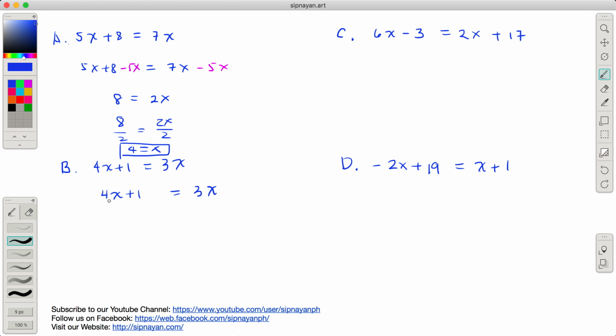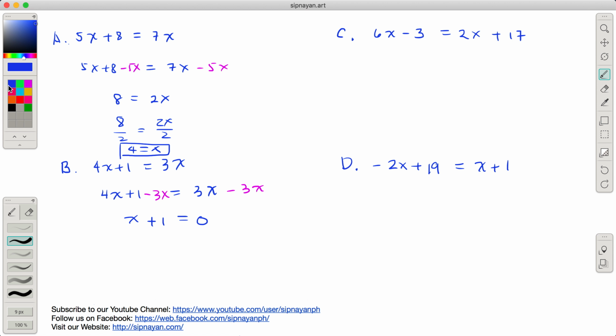So, para matanggal yung 3x dito, mag-minus tayo ng 3x dito. Kasi gusto natin yung 3x na sa kaliwa. So, mag-minus din tayo ng 3x dito. So, mangyari, 4x minus 3x is just x plus 1 equals 3x minus 3x is 0. Ang gusto natin ay x na lang nasa kaliwa.